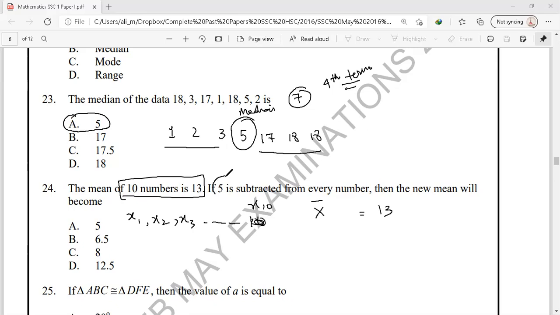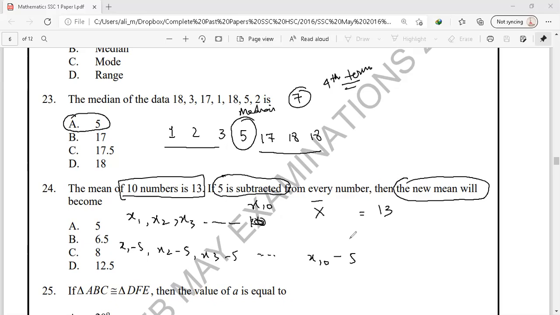If 5 is subtracted from every number, that will become x1 minus 5, x2 minus 5, x3 minus 5, similarly x10 minus 5. So what would be the effect on the new mean?